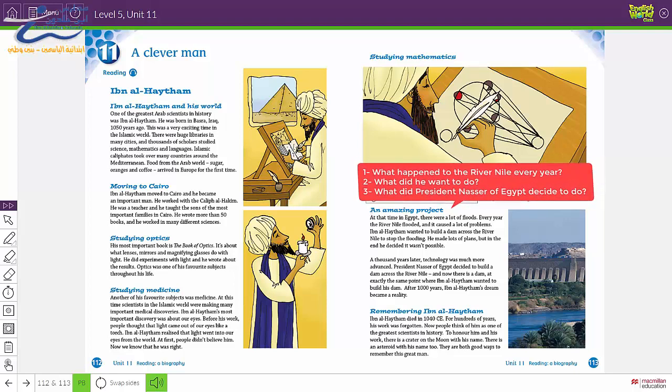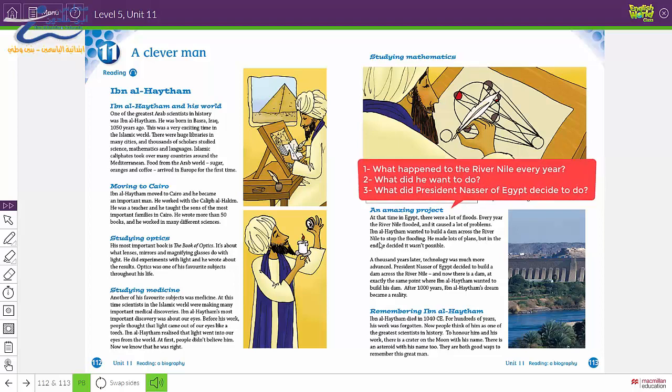An amazing project. At that time, in Egypt, there were a lot of floods. Every year the River Nile flooded, and it caused a lot of problems. Ibn al-Haytham wanted to build a dam across the River Nile to stop the flooding.